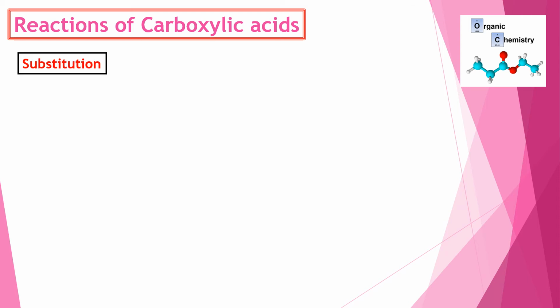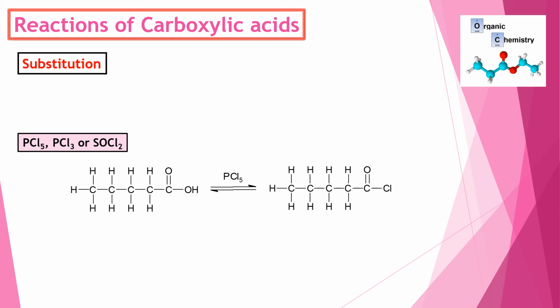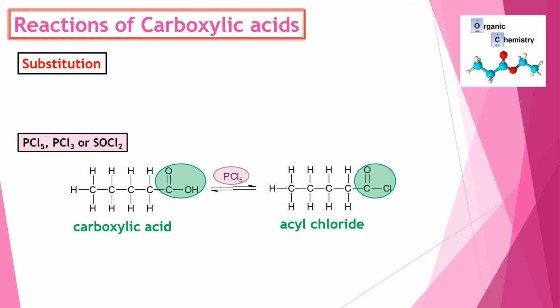Okay, so substitution. A carboxylic acid can undergo substitution with PCl5, PCl3, or thionyl chloride, SOCl2. Now what we can see here is that they all contain a chlorine atom, and it is essentially going to be the chlorine that substitutes the OH, the hydroxyl group on the end here. It will substitute with it to make a new product called an acid chloride or an acyl chloride.